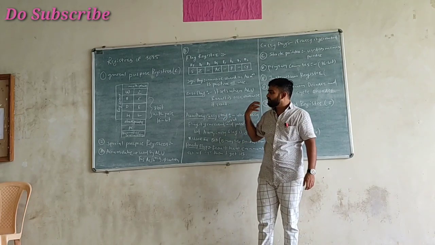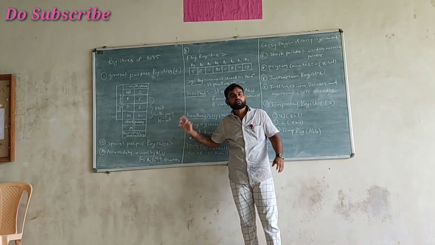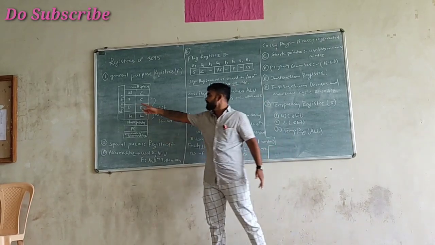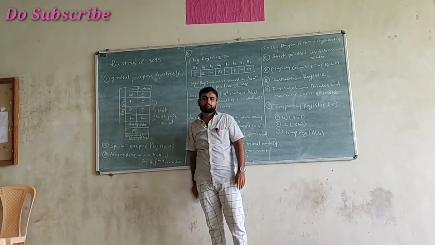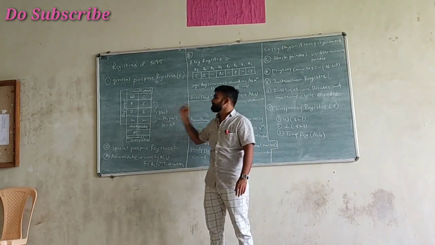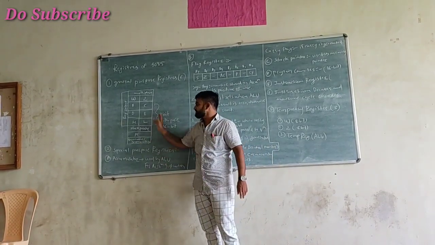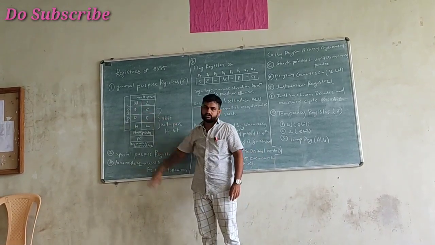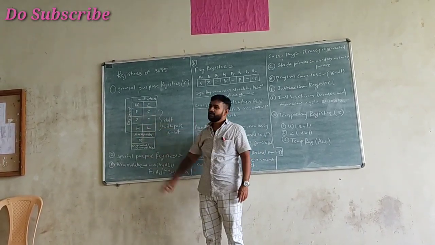So whatever data the processor wants to store temporarily inside the microprocessor, we use WZ, the temporary register. Both are 8-bit registers and, like the general purpose registers, we can also use these two registers as a combination, as a WZ pair.